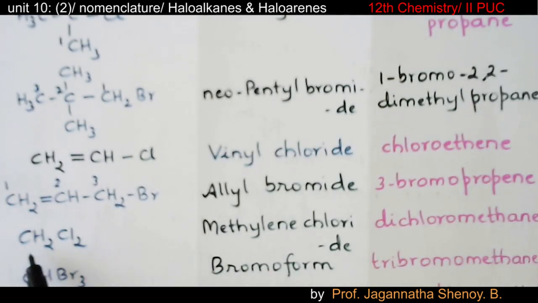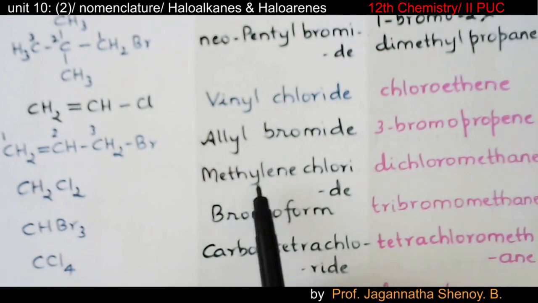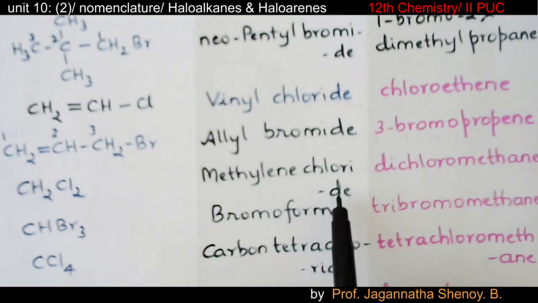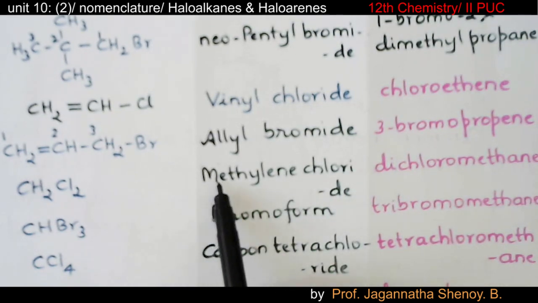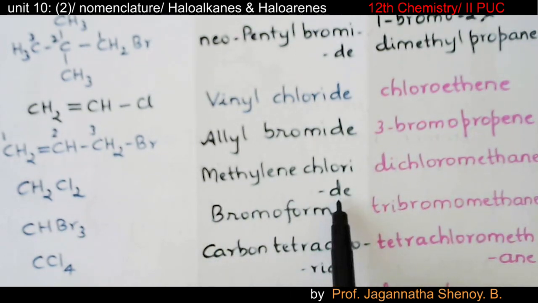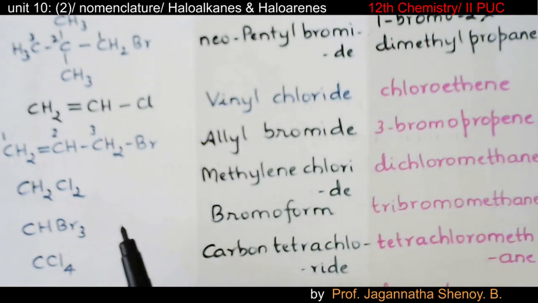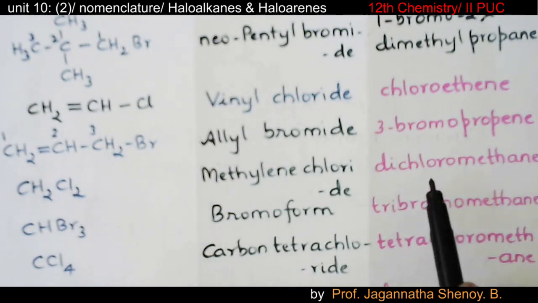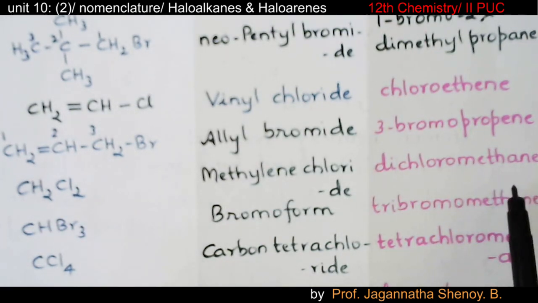Moving over to the next one, CH2Cl2. The CH2 group is actually called the methylene group and it's a chloride of that. That's why the common name is methylene chloride. IUPAC name is simple. There are 2 chloro groups on the carbon atom of methane, dichloromethane.